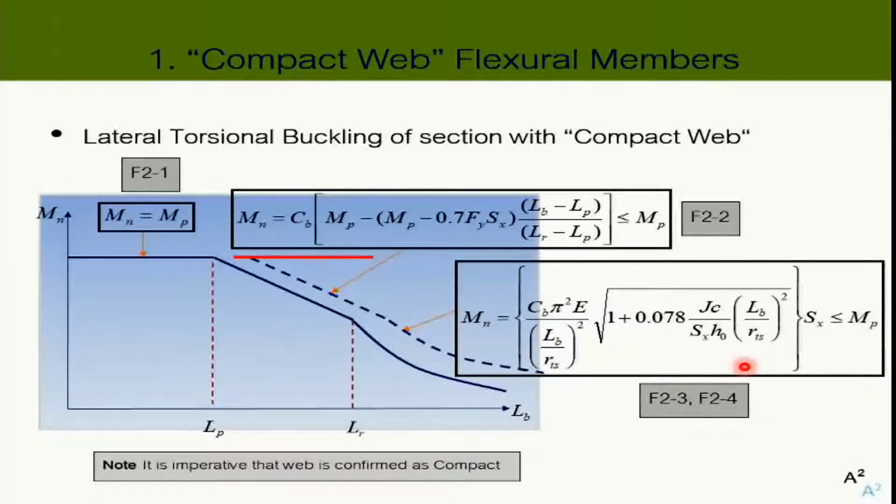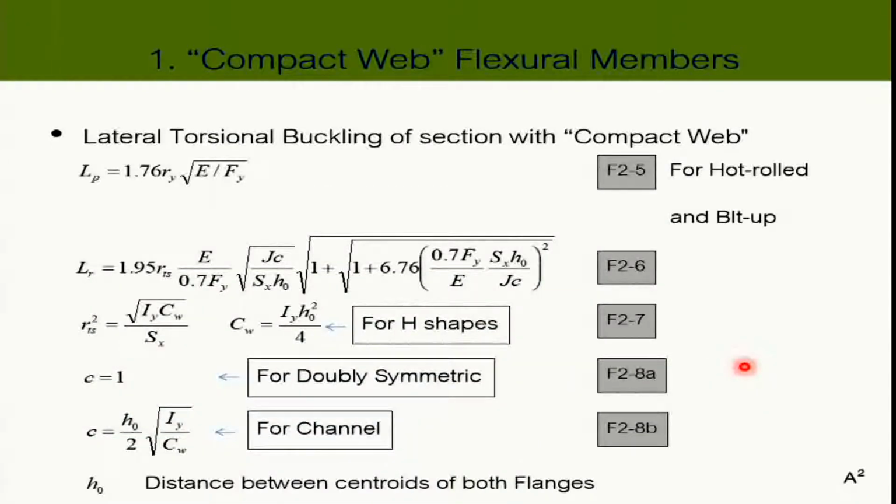So if Kun Tam did not forget to include that in the table at the back of the book, you should have all these values available to you. Okay? If not, you can just calculate those values by yourself. LP is that, LR is that, RTS is that, CW is that, blah, blah, blah. Okay? So that is the basic idea of the design of the hot roll section.